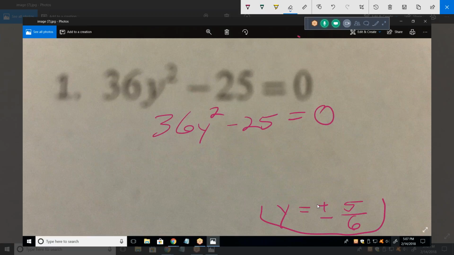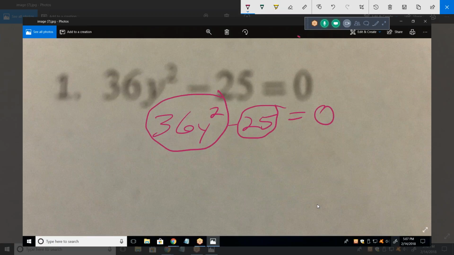Now, to avoid making that mistake, there's actually a different way I can do this problem. Notice we are looking at the difference of perfect squares, right? That is a perfect square, that is a perfect square, and they are being subtracted.